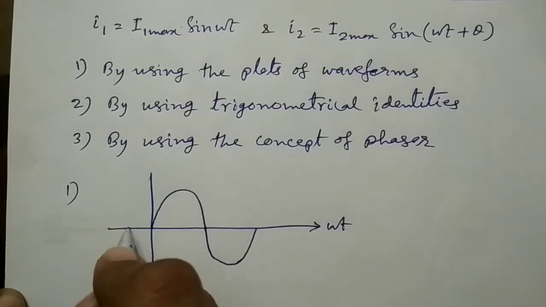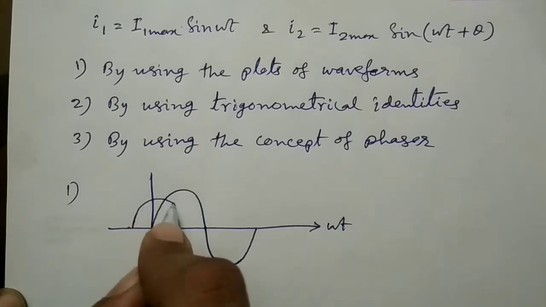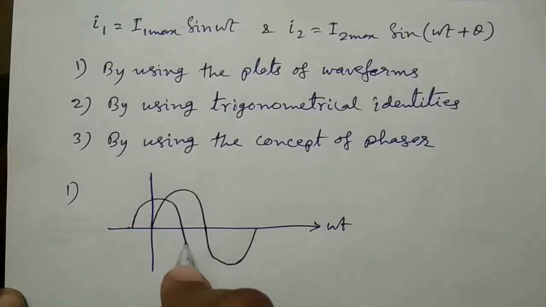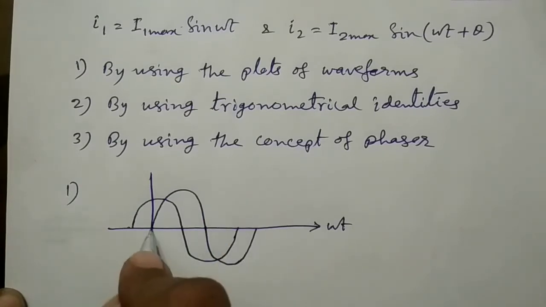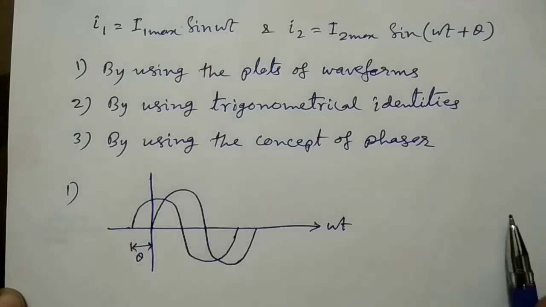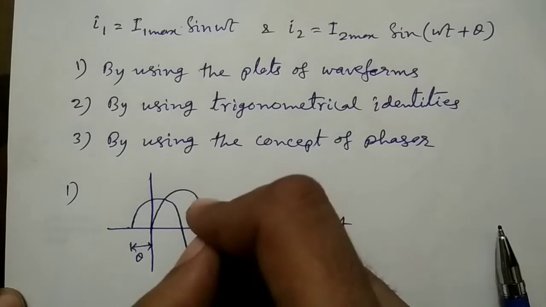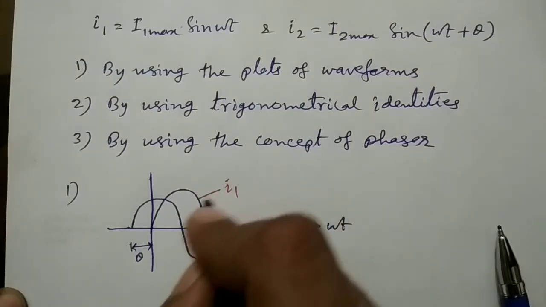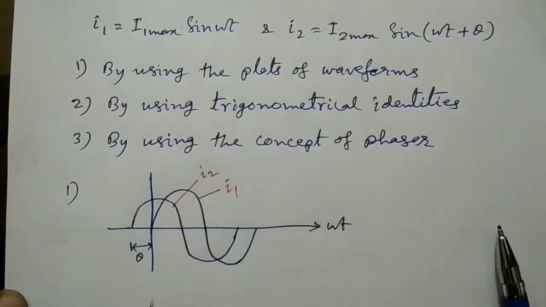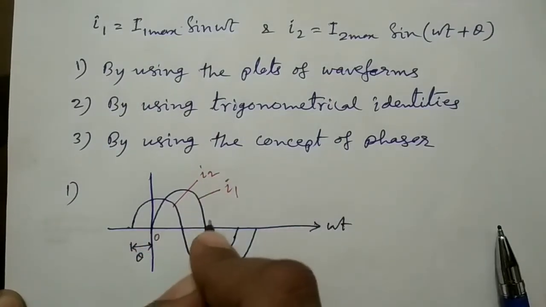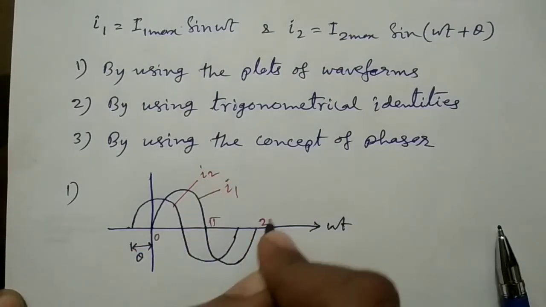Therefore, the waveform of the second current will be shifted, and so on. So this will be theta. Here it will be the waveform of I1, and this will be the waveform of I2. This is 0, pi, 2 pi.